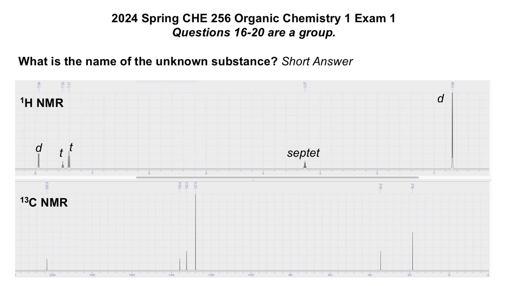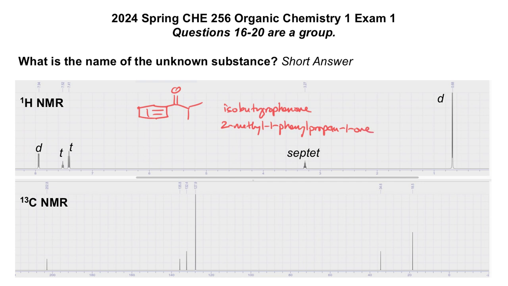What is the name of the unknown substance? So the common name is isobutyrophenone. And the IUPAC name was 2-methyl-1-phenylpropan-1-one.